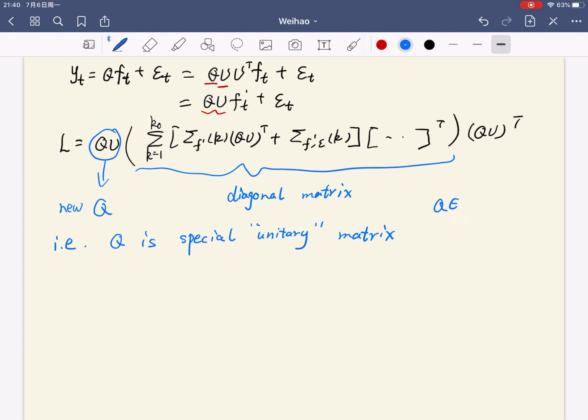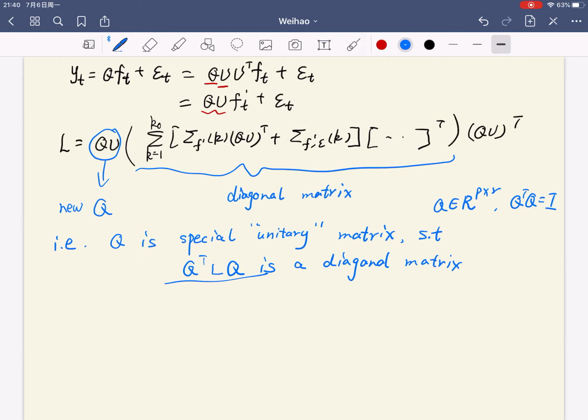Because Q is p by r, we only have Q transpose Q equal to identity, so it is part of a unitary matrix such that the following analysis is all based on this Q, such that Q transpose L Q is a diagonal matrix. Next, we see how to estimate this Q.